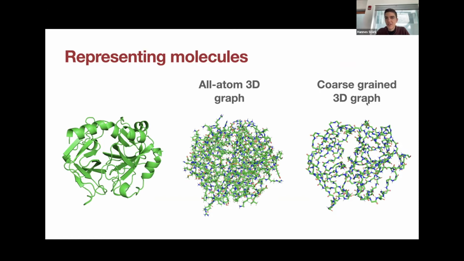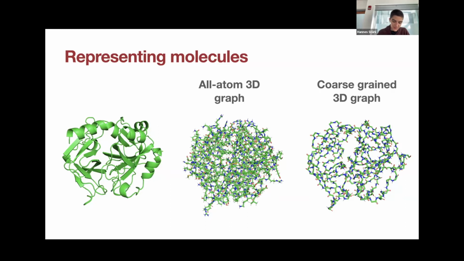And then we have a graph or a structure that sort of looks like what we have over here on the right. And yeah, this way we have much fewer nodes and can maybe do our computations in a much more computationally efficient way, because maybe not the full resolution is required.